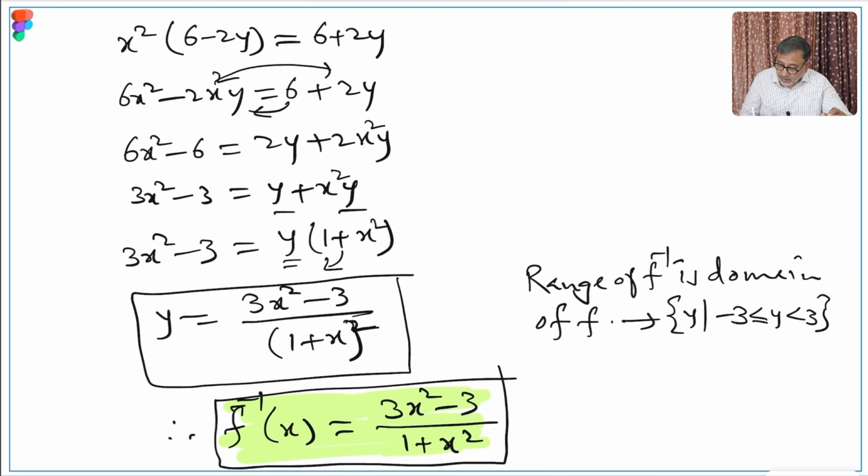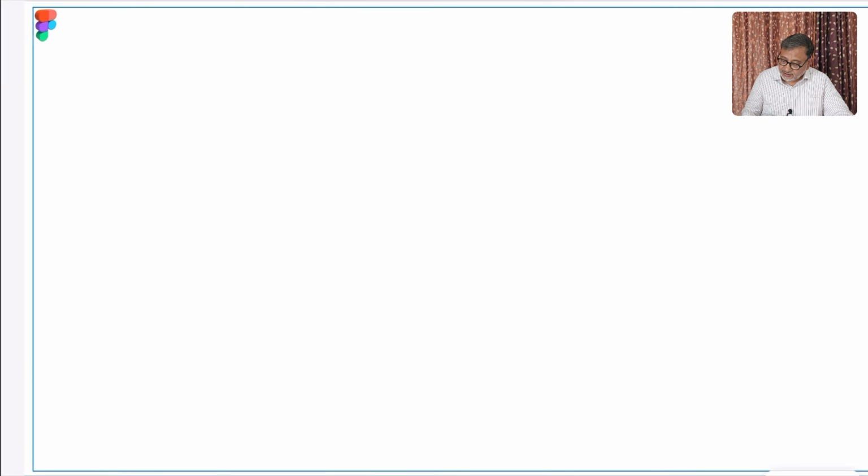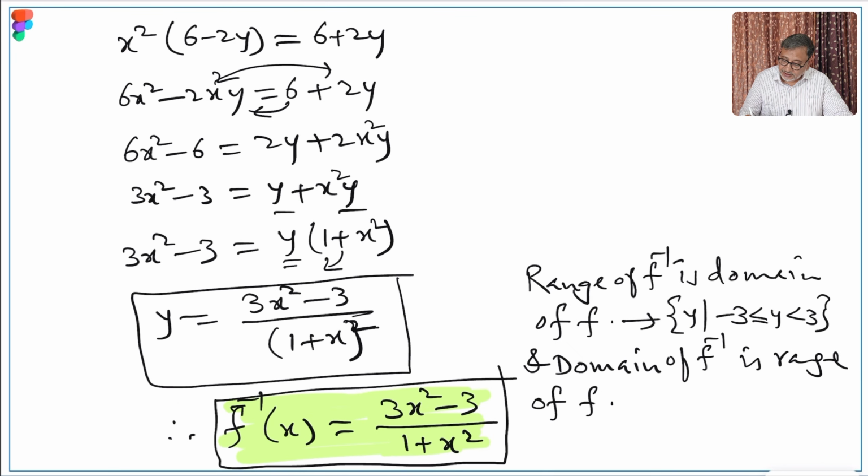And domain of f inverse is range of f. Now what is range of f? See, for range of f, you have to find, is there space? Yeah, there is a space. So let me take this part there.